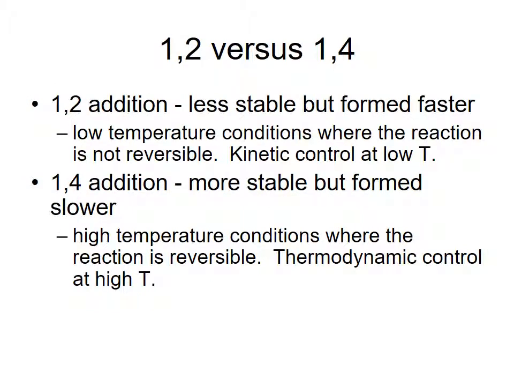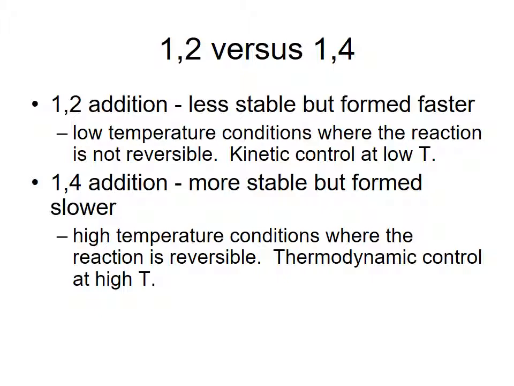Let's look. The 1,2 addition is less stable, but it's formed faster. We call this the kinetic control product. Low temperatures prevent the reaction from reversing, so the fastest product is made. 1,4 addition is more stable, but is formed more slowly.